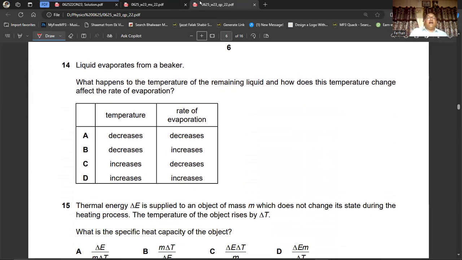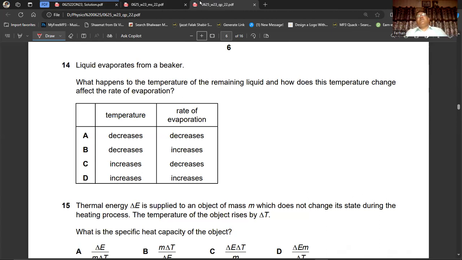Question number 14. Liquid evaporates from a beaker. What happens to the temperature of the remaining liquid, and how does the temperature change affect the rate of evaporation? So when the water evaporates, the remaining liquid's average kinetic energy will decrease, so its temperature will decrease.